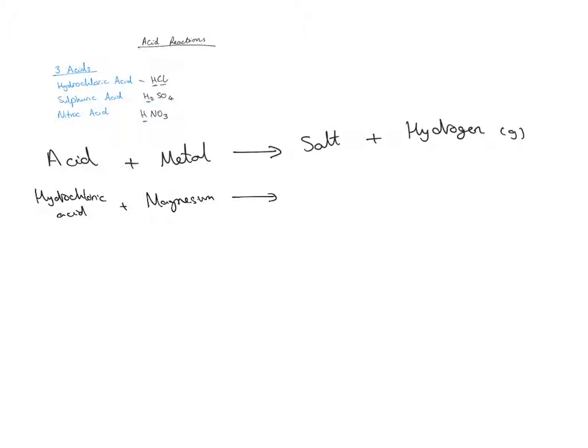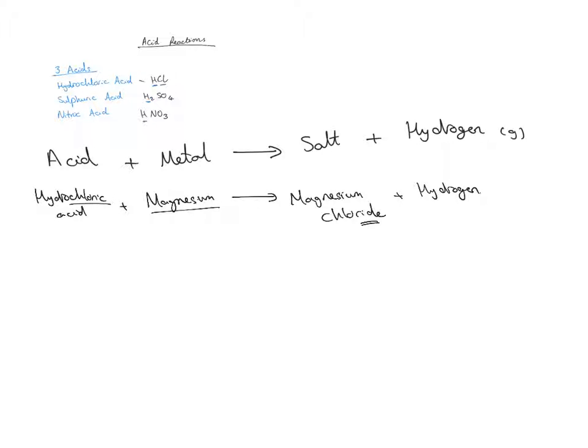Now what would this form? Well, my salt would be formed from part of my acid and my metal. So my salt would be magnesium chloride and hydrogen.